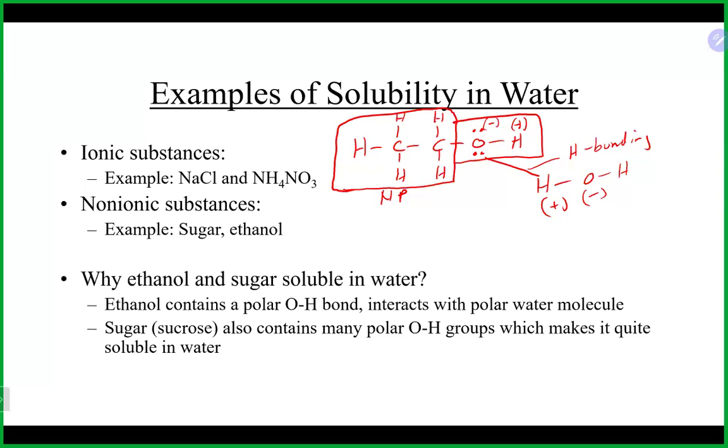Something like sugar, which is a bigger molecule, is very much helped by the fact that it has a lot of OHs all over it. Wherever there's an OH on sugar, even though it's a larger molecule, it has an opportunity to interact well with water and hydrogen bond with water, which is why sugar is very soluble in water. It is loaded with OH groups.